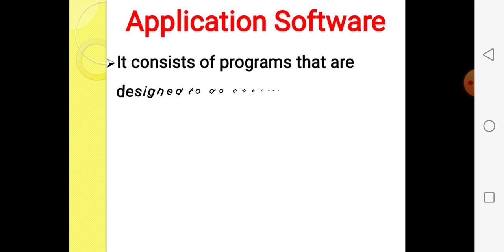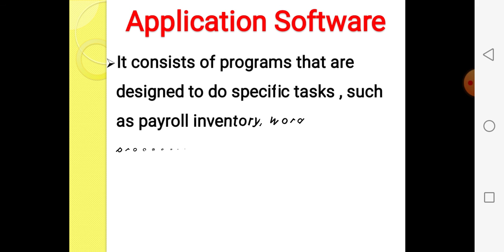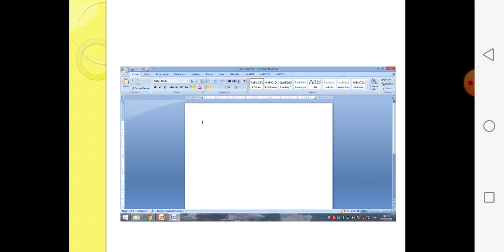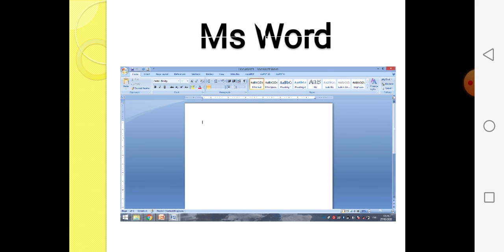Next one is application software. It consists of programs that are designed for specific tasks such as payroll, inventory, word processing, graphics, spreadsheet and desktop publishing. The main purpose is that they are designed for a specific task.